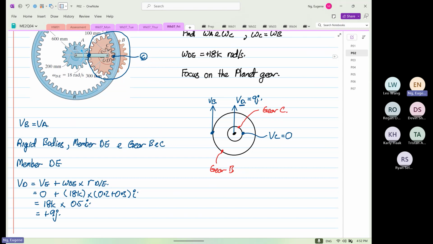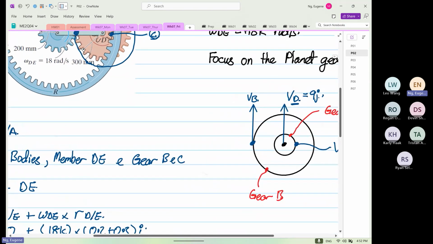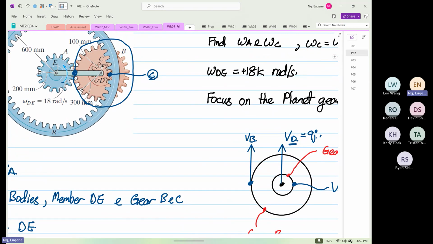The next thing we have to focus on is, what is the rotation of omega BC? If you focus on the gear, oh no, the wheel is rotating. Sorry, the wheel is rotating. So this thing will rotate in this direction, yes or no? When it rotates in this direction, any idea, clockwise or anti-clockwise?